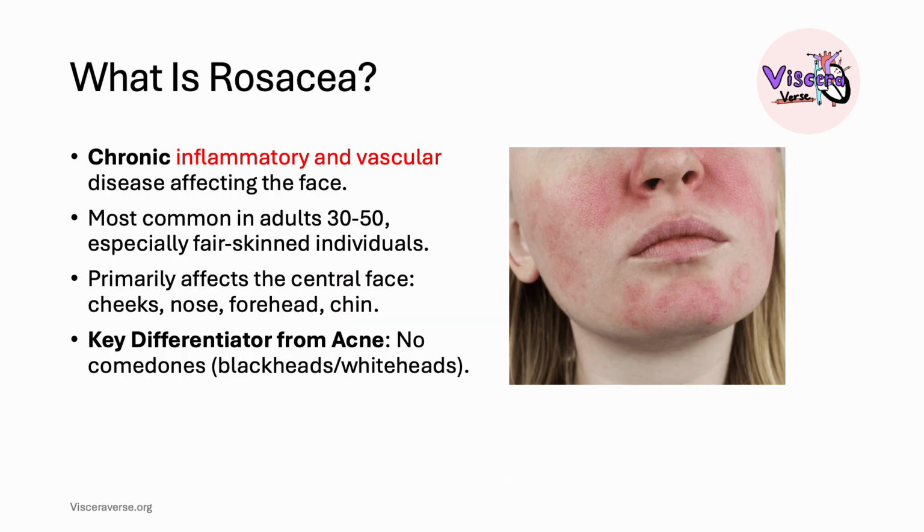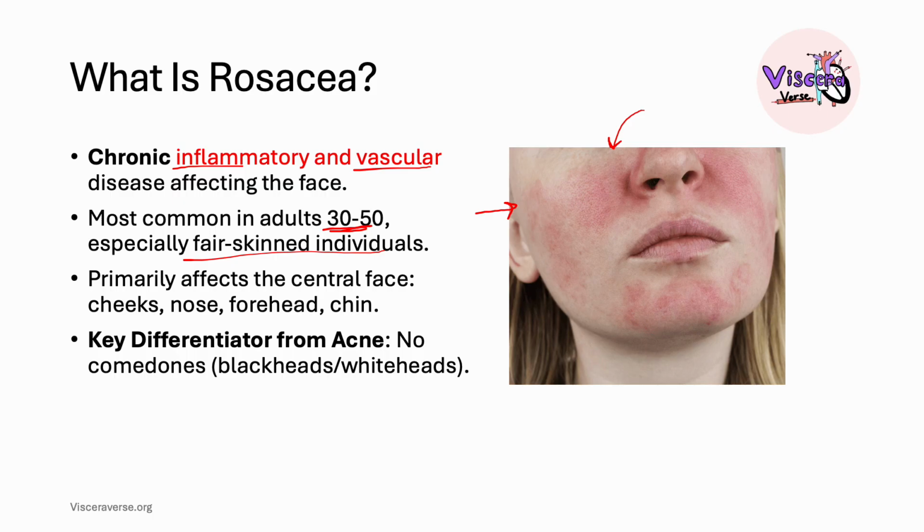So what is rosacea? Rosacea is a chronic condition involving both inflammation and abnormal blood vessel reactivity. It looks pretty much like this, typically a red face, and you may be tempted to think that this is acne. However, this is a different condition called rosacea. It is most common in adults, ages between 30 to 50, especially fair-skinned individuals, as you can see on the screen here.